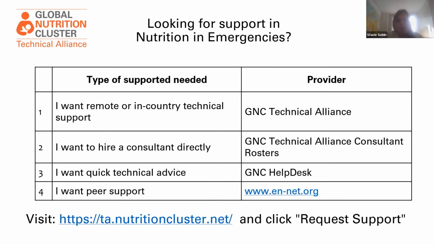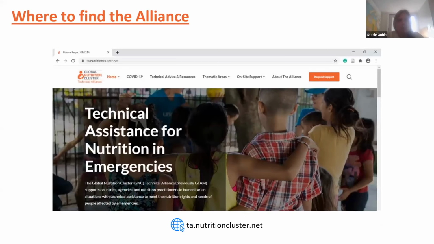And there's a form in the upper right-hand corner, which you can click on and submit any request for support that you might have, even if you're not fully aware yourself of what type of support you might be looking for. You can use that form to explore with them the type of support that you might need, whether that be looking for consultant support, technical support, peer-to-peer support. So please take advantage of that. You can go to the next slide, Emily. And this is what that site looks like, and the orange button on the upper right-hand corner is where that intake form is for requesting support.